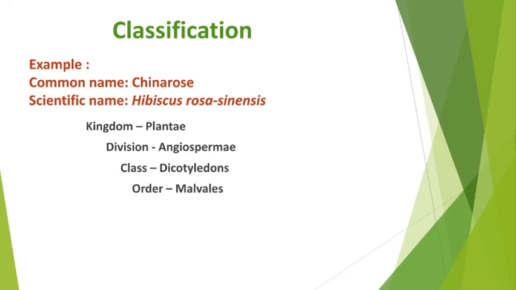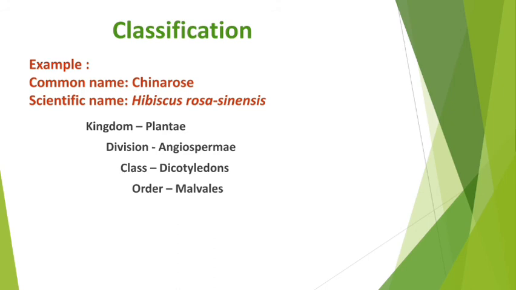Okay, Malvales. In case of plants, whenever you are writing order, this order will always end in ALES. So this thing you underline, or write inside, that order always ends in ALES. In case of any plant, if you are writing the order, then the order name will always end with ALES. So in Malvales, we are writing the ending ALES.